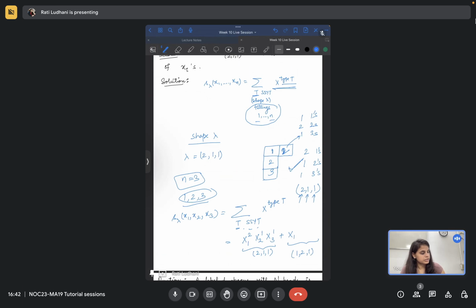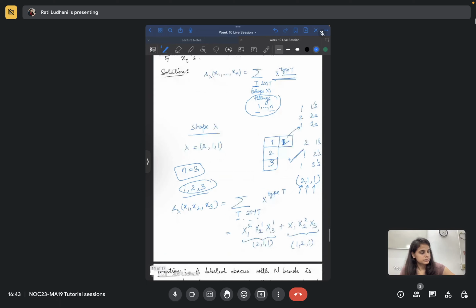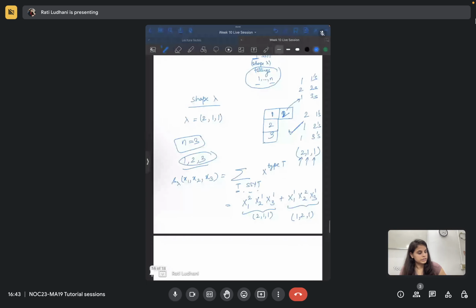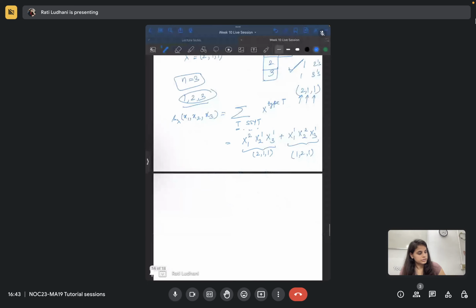So you will have x1 x2 squared x3, plus x1 x2 x3 squared, exactly, for 1 1 2.